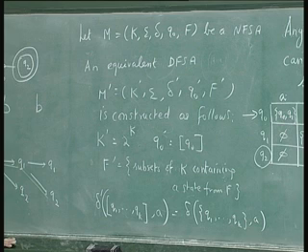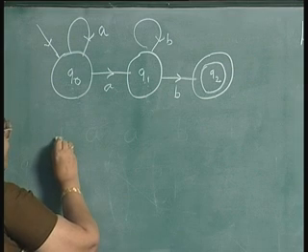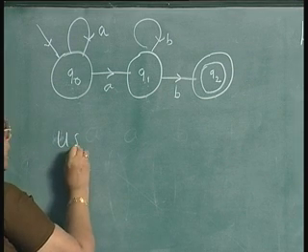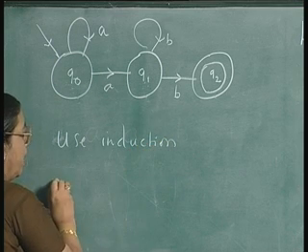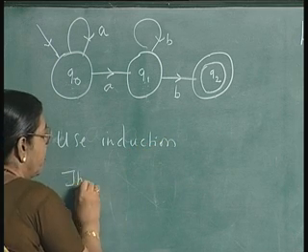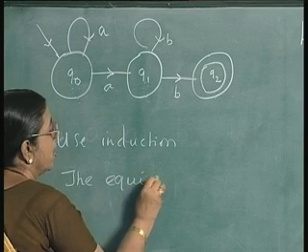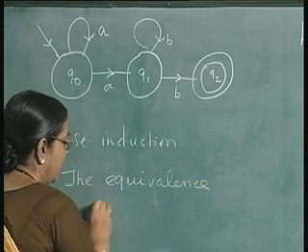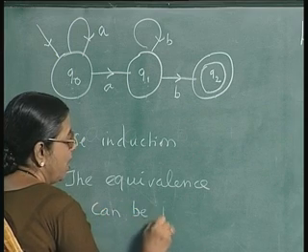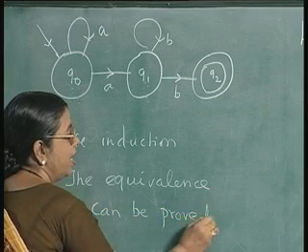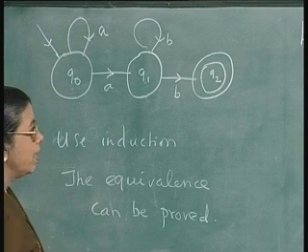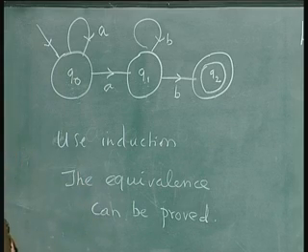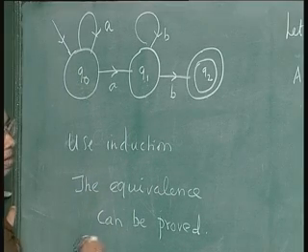The main idea is how you go about the subset construction. You can use induction on the length of the string, and the equivalence can be proved. Instead of going to this induction portion of the proof formally, we shall consider one more example.